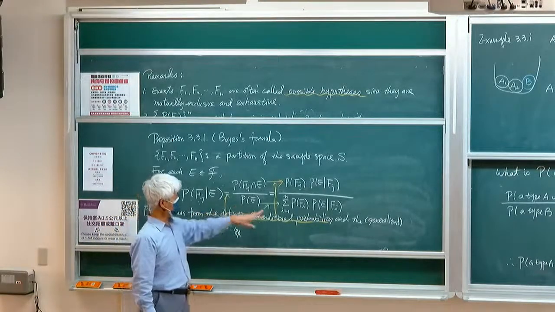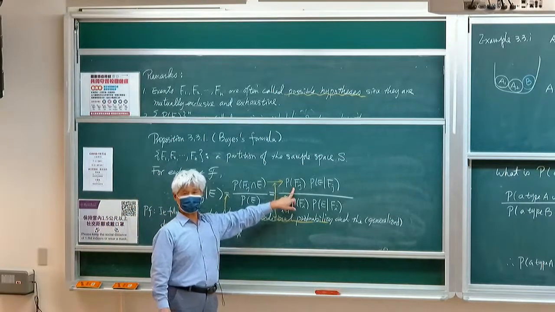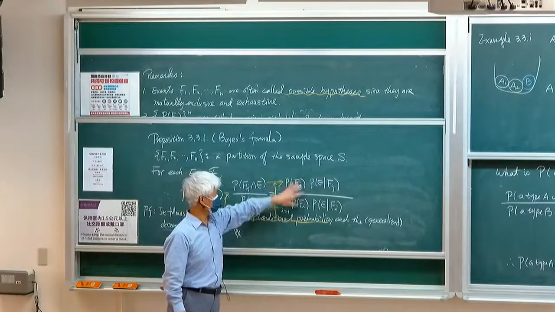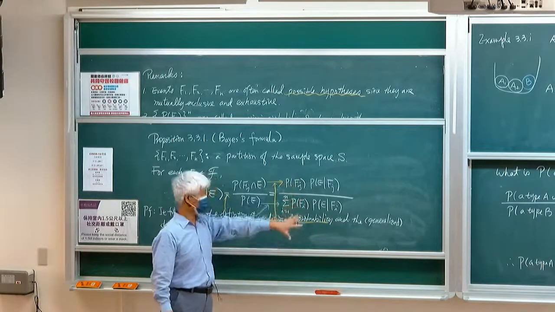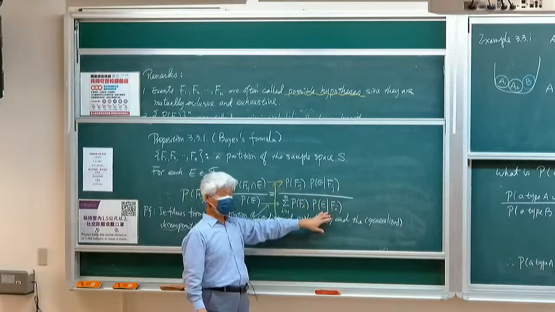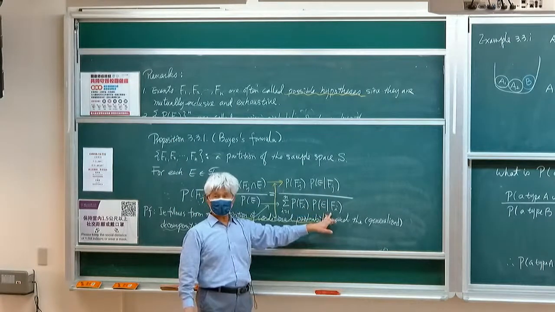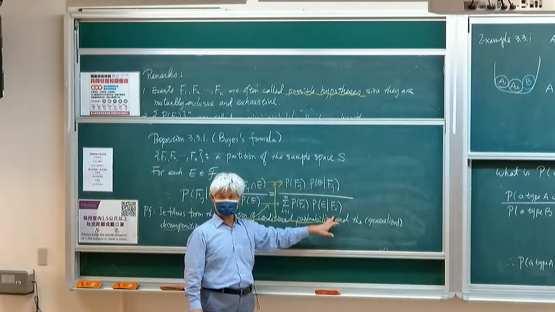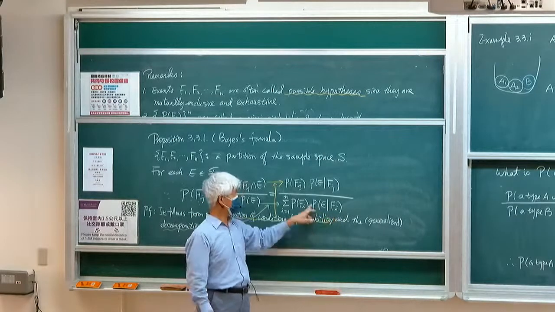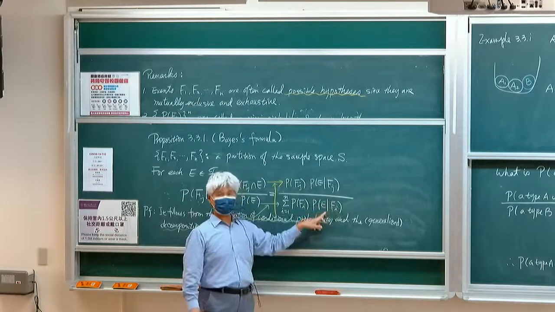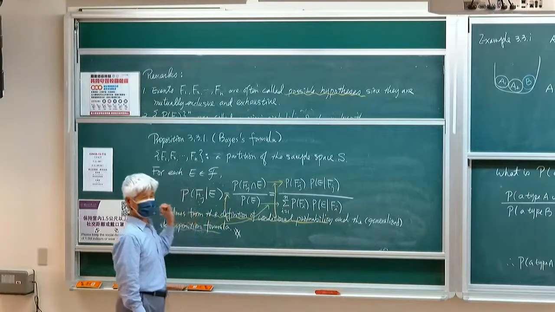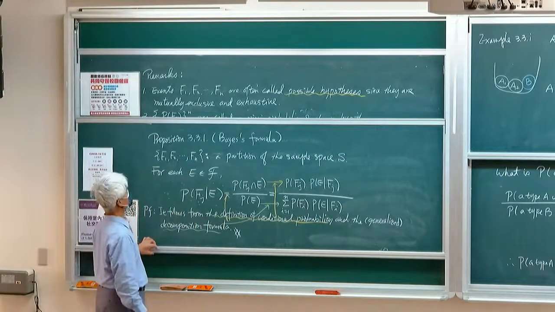And you can use the a priori probabilities of the n hypotheses, as well as the conditional probability of the evidence given each individual hypothesis. And usually, these conditional probabilities are quite easy to compute. Okay.